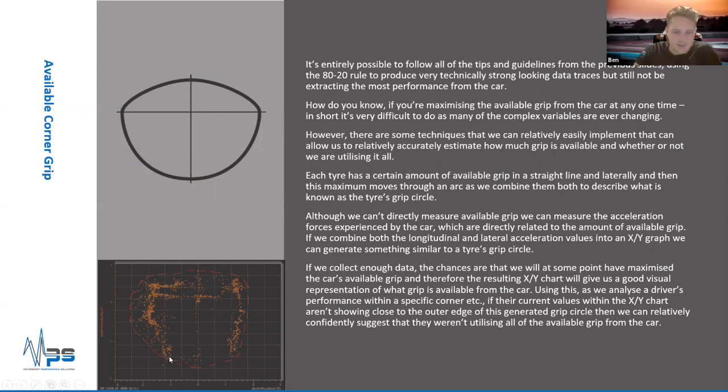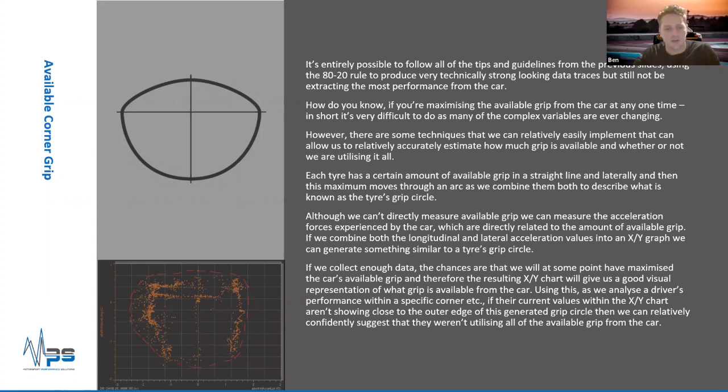As this plots at any point throughout the lap, it's not lap specific, we can quickly build up our own tyre friction grip circle. Then, once we've worked out roughly where our limits are, we can consider the longitudinal and lateral G in isolation for a particular corner we want to look at.